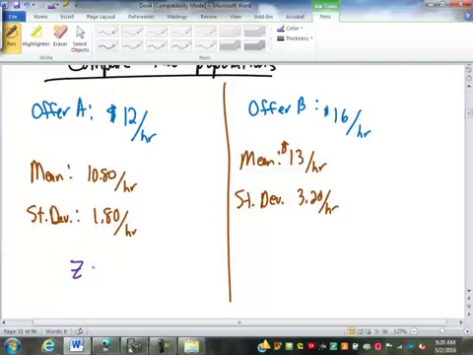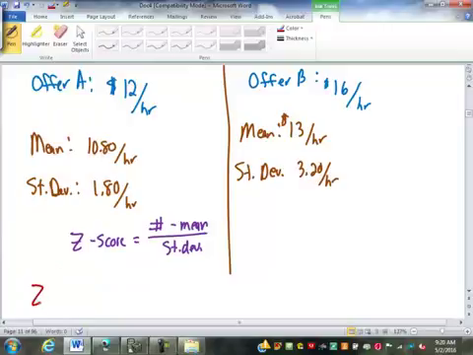So what a z-score is: you take a number and you subtract its mean, the mean from the population it comes from, then you divide that difference by the standard deviation. So for the first one here, your z-score is found by taking the number, which is 12.